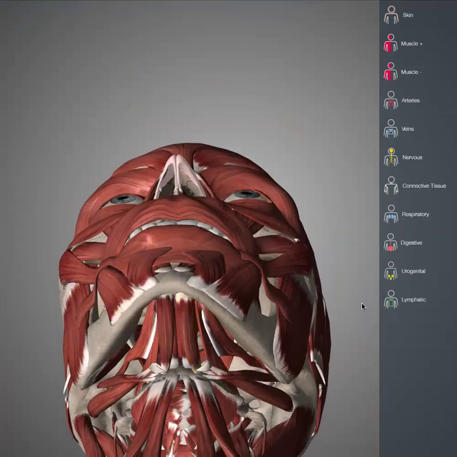These four: mylohyoid, geniohyoid, stylohyoid, digastric. All right, now we do the same for all of them.